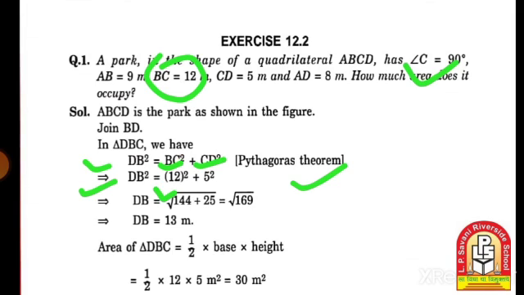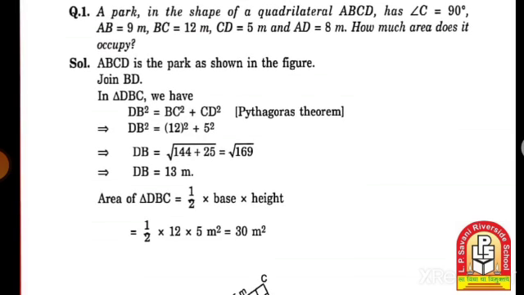Then after CD square, CD is equal to 5 here, so that is 5 square. Next, DB square is equal to 144 plus 25, that is 169. So DB is equal to under root 169, so the square root of 169 is 13 meter.